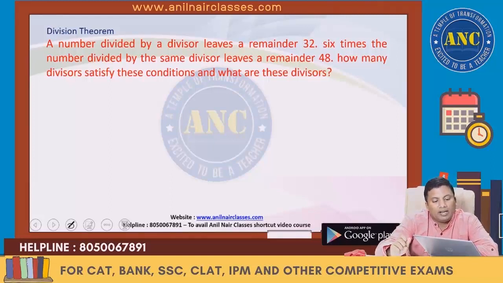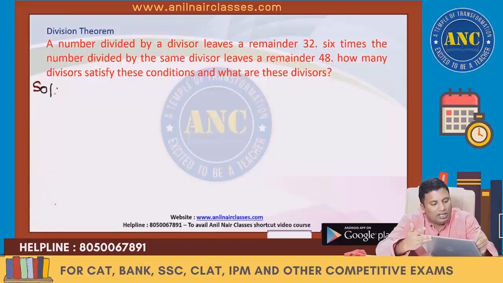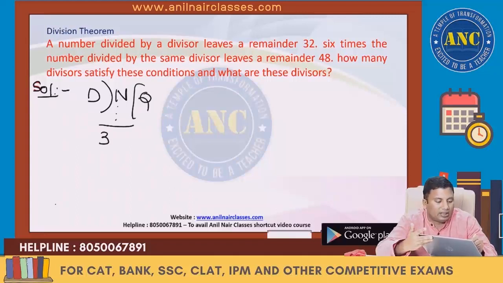A number divided by a divisor leaves a remainder 32. There is a number n. It is divided by a divisor d, the quotient is Q, and it leaves a remainder 32.